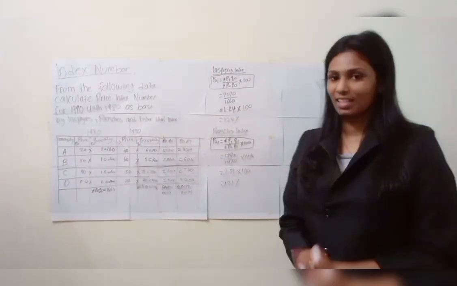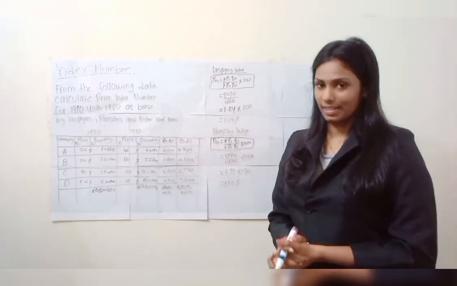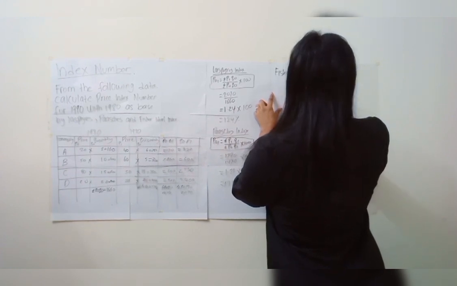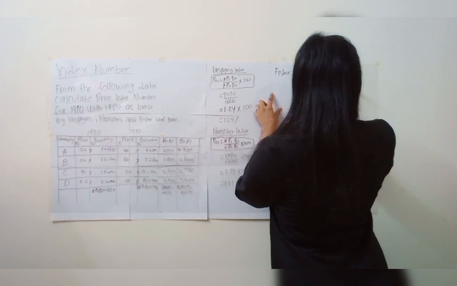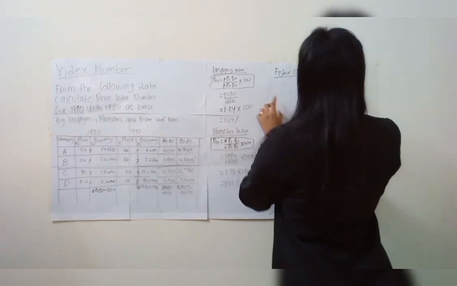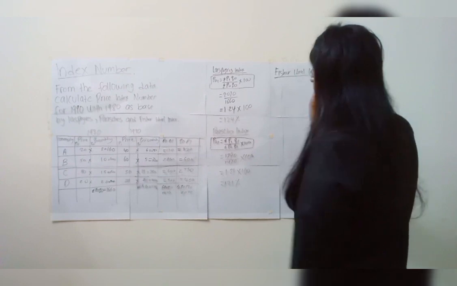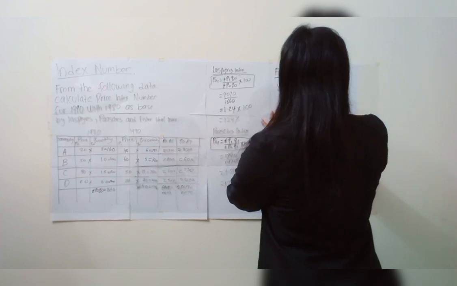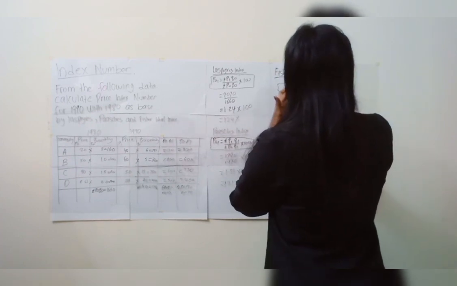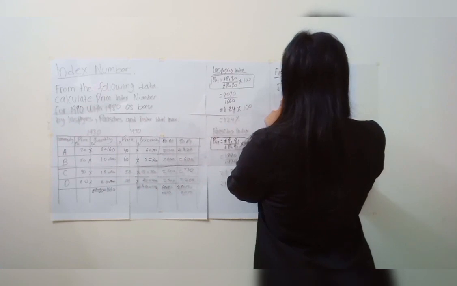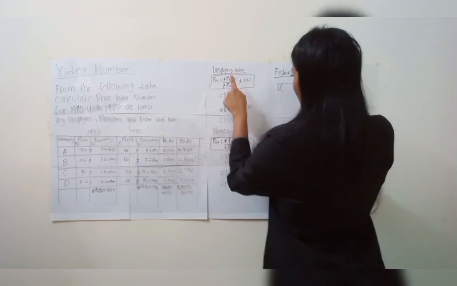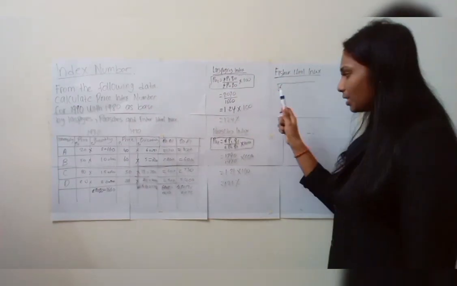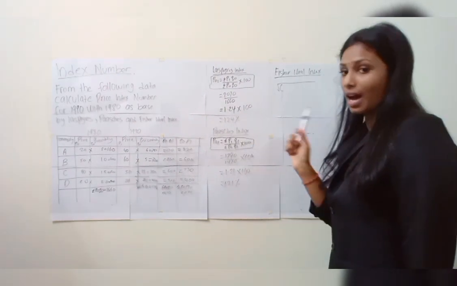For the last one is the Fisher ideal index. It's so easy. So the method for the Fisher ideal index is the square root of open bracket Laspeyres index times Paasche index close bracket, times 100 only.